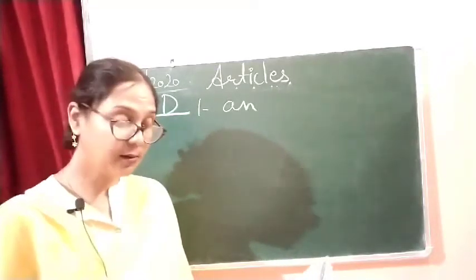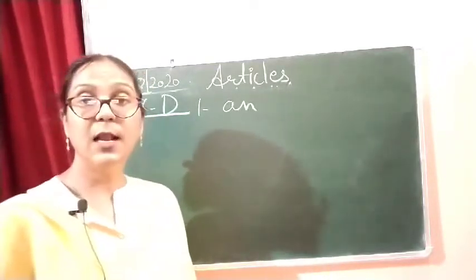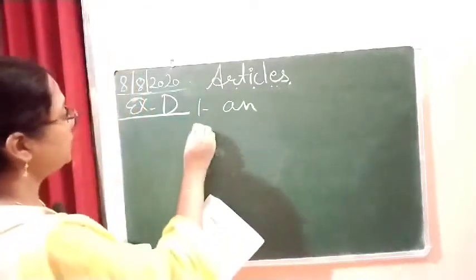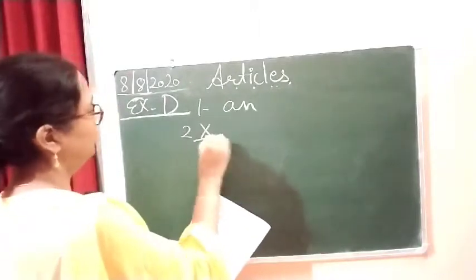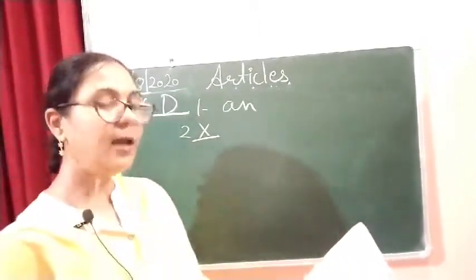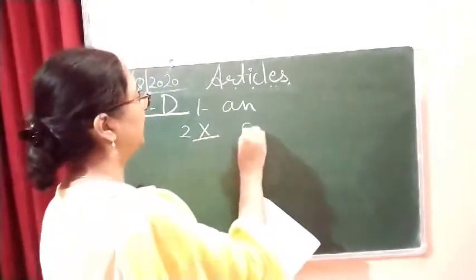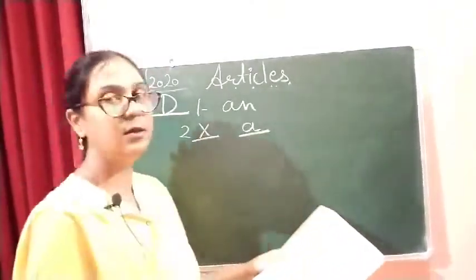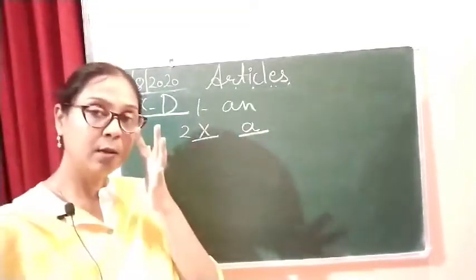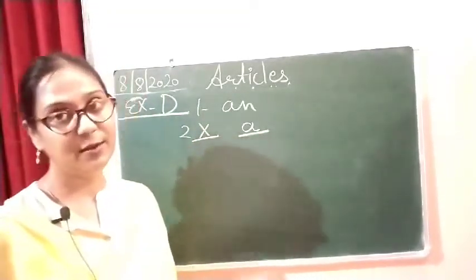So here, because this is the language French, we are not supposed to use an article in the first, we are going to put a cross over here, by a French lady. We can write a French lady, because here we are supposed to give a countable noun. That is why we have written it over here.